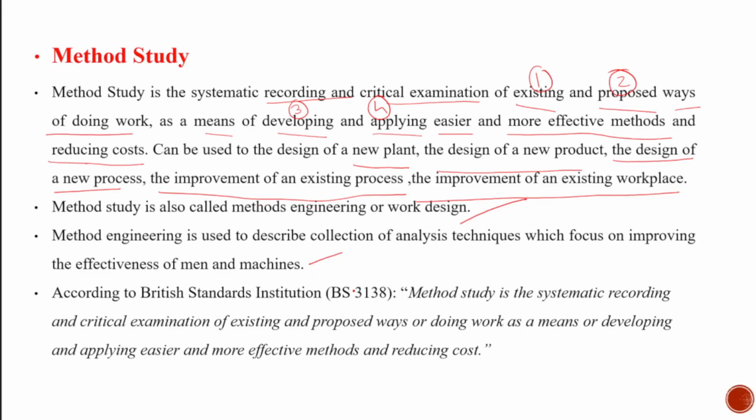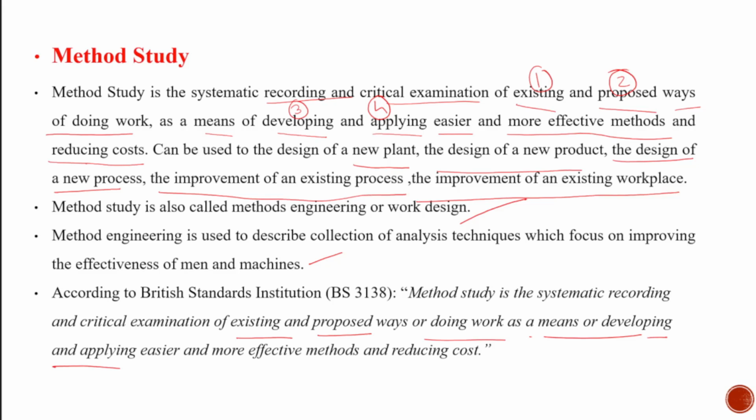According to BSI, the definition of method study is a systematic recording and critical examination of existing and proposed ways of doing work as a means of developing and applying easier and more effective methods and reducing the cost.